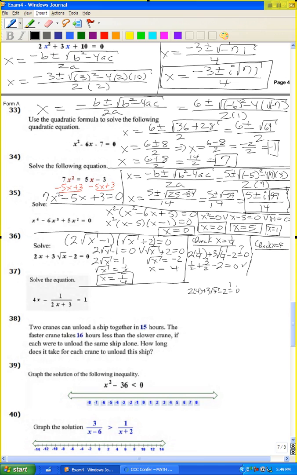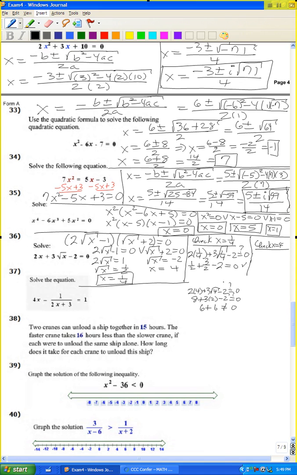So let's check that. 8 plus 12 minus 2... Wait. Square root of 4 is 2. Is 8 plus 3 times 2 minus 2 equal to 0? Is 6 plus 6 equal to 0? No. And so that's not a solution.